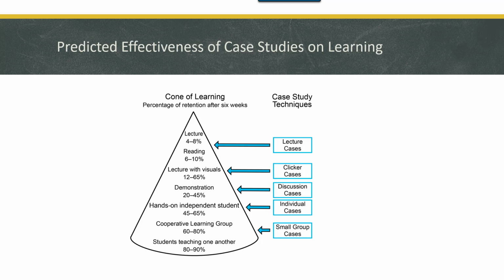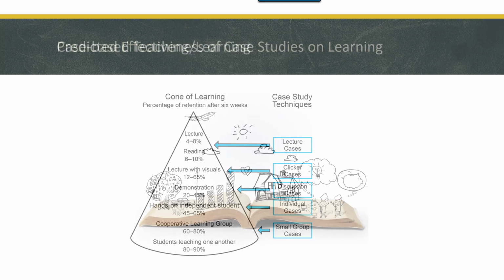On the right side of the cone is showing the predicted effectiveness of case studies depending on the type of case study that is used. So a simple lecture-based case study is not going to have nearly as much student retention as small group type of case studies.